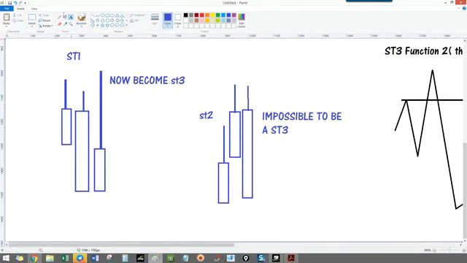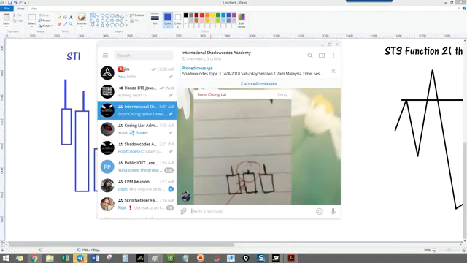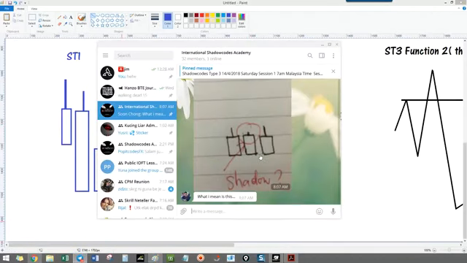Look, you cannot have a shadow inside here. You cannot have shadow inside the body like this. What I mean is this.